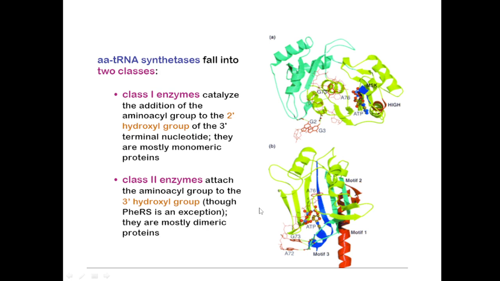These are very conservative enzymes with very conservative amino acid sequences, and mutation in this sequence usually leads to impossibility of existence of the organism.